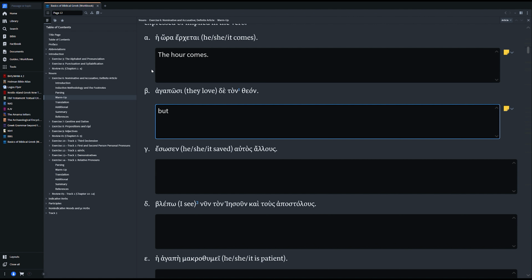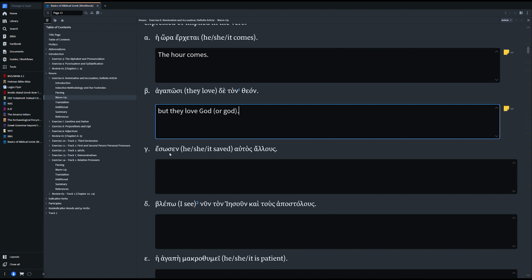There's no other words here. The verb includes a subject. It is they. So when we don't have a subject like this, the verb will supply the subject. Inside of it is a they. So the subject is they, and the verb is love. But they love, and then God is the direct object. I'm assuming it's capital G, but it could potentially be a god, if it's talking about a pagan god.